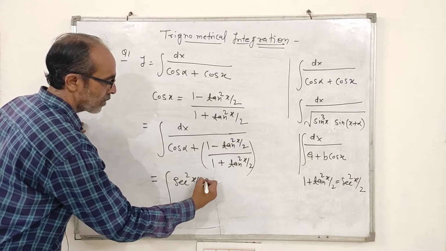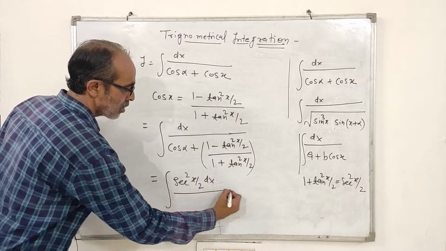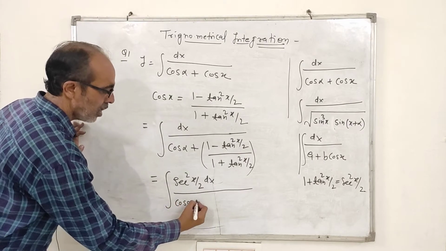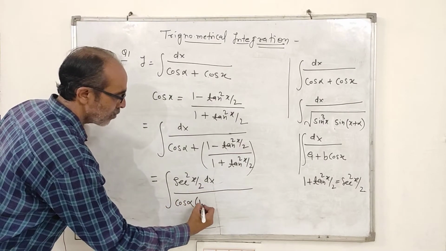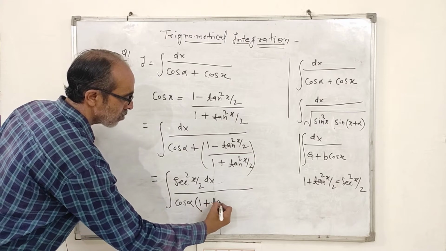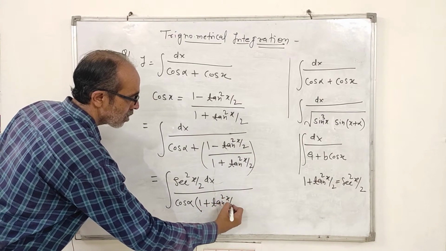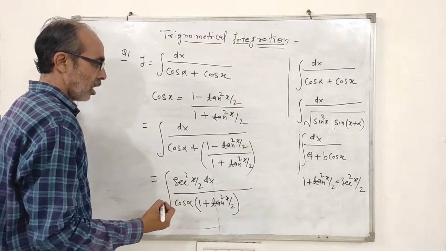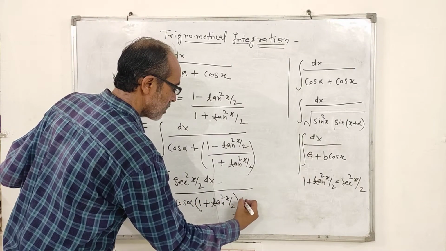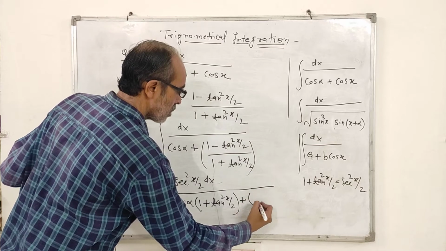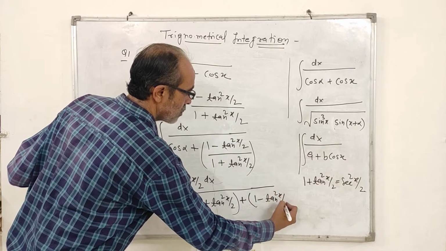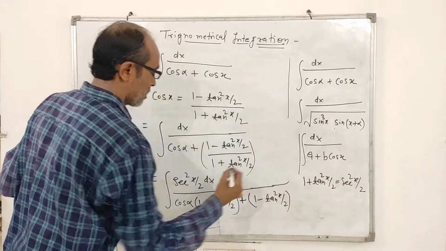I is the integral of sec square x by 2 dx divided by cos alpha multiplied by 1 plus tan square x by 2 plus 1 minus tan square x by 2.